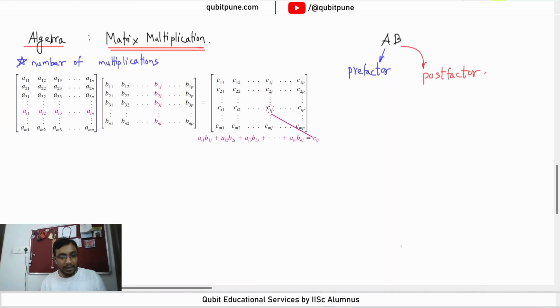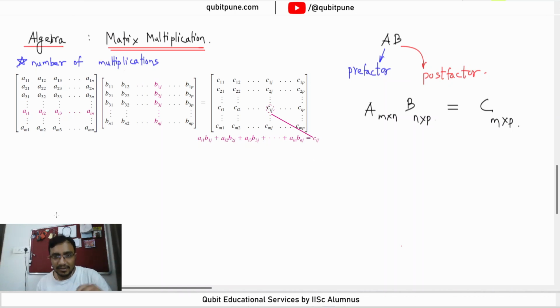The number of columns in the prefactor should be equal to the number of rows in the post factor, and the answer will have as many rows as the prefactor and as many columns as the post factor. The rows of the first matrix are multiplied with the columns of the second one.